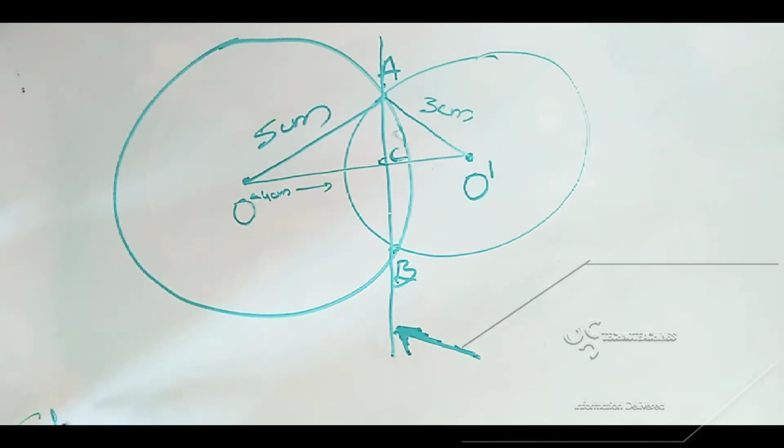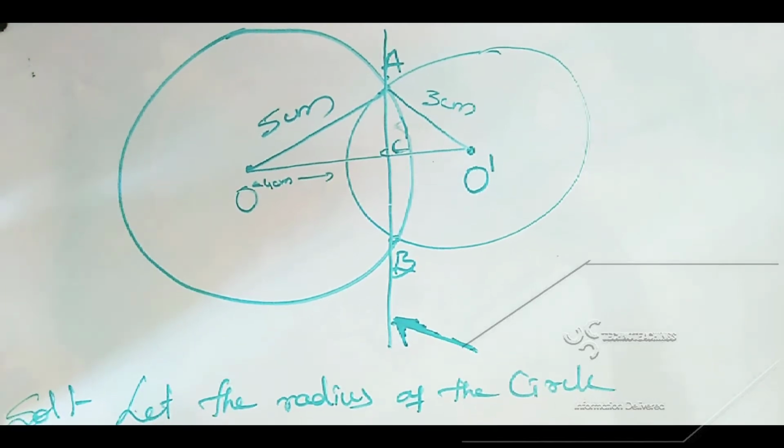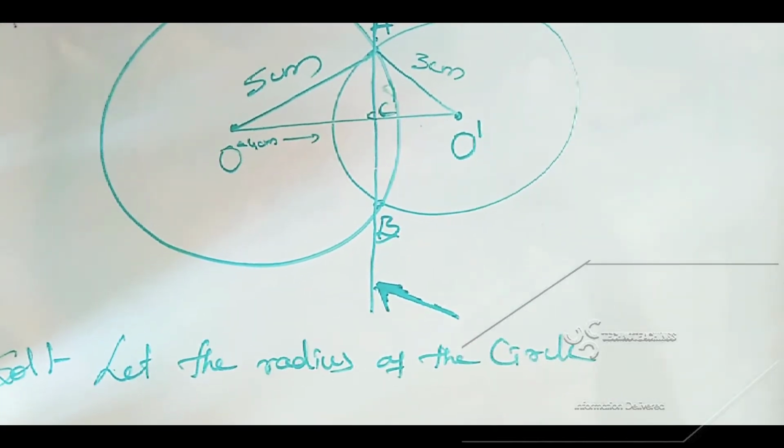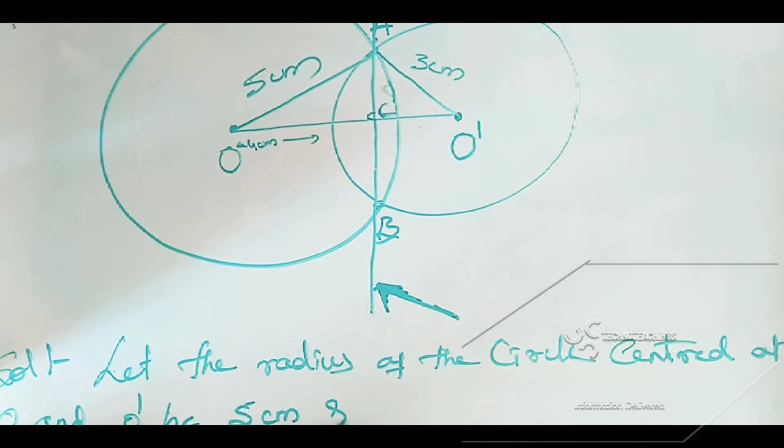So in the solution part, let the radii of the circles centered at O and O dash be 5 centimeter and 3 centimeter respectively.